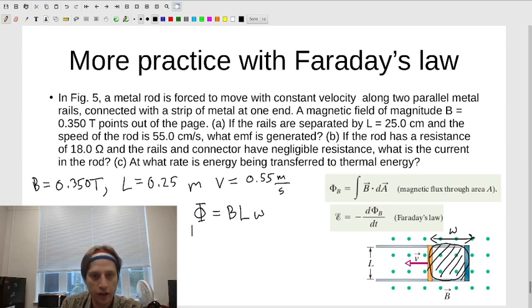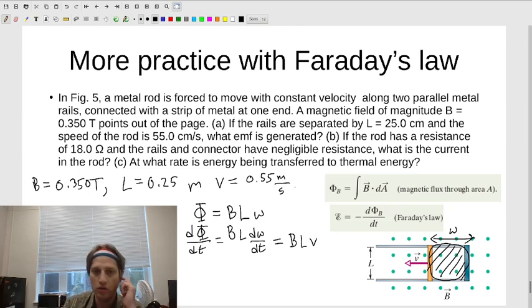Now, if we look at the change in that with time, B is not changing and L is not changing, so it's essentially going to be B times L times the change in that width per time, but that turns out just to be the speed of that bar. That's how much that width is changing per time. So this is just going to be B times L times V.